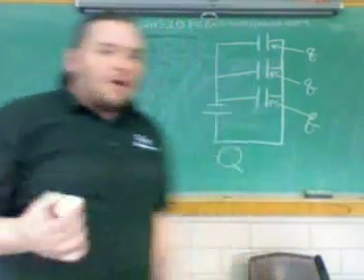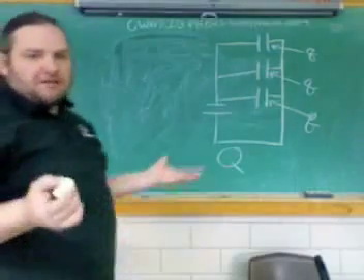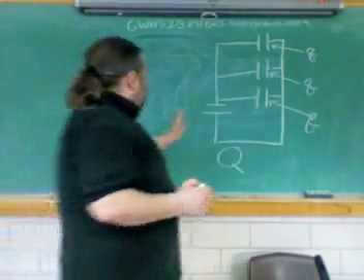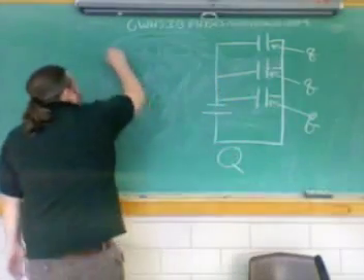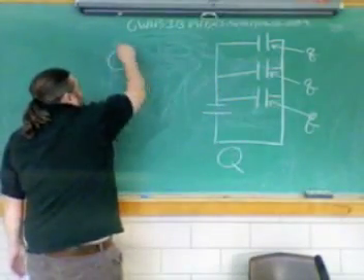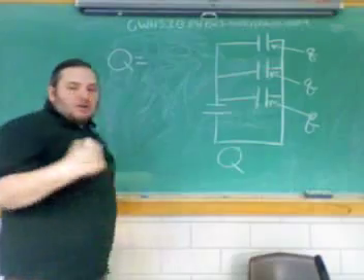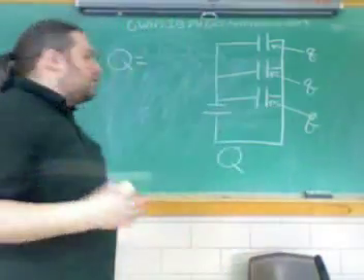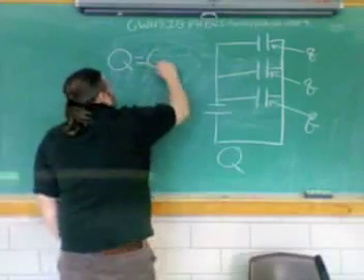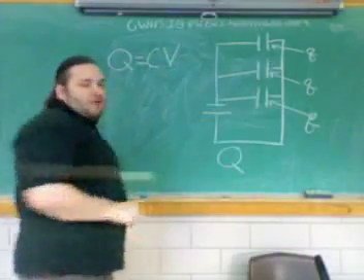Cool? Now, when doing this problem, the first step is actually quite easy. This voltage is across all three capacitors, so the total charge that's stored on a capacitor is equal to its capacitance times that voltage.